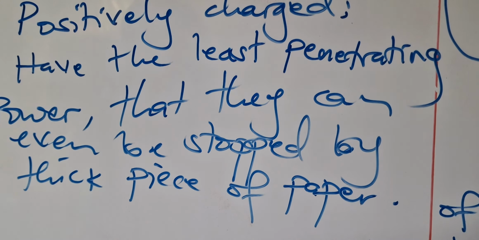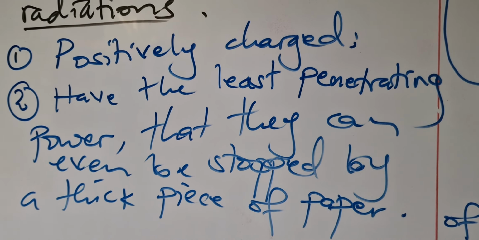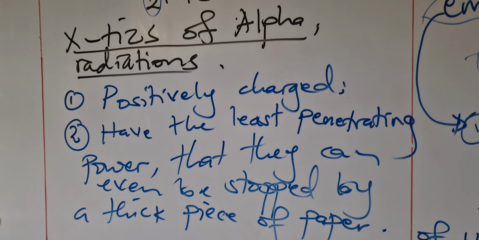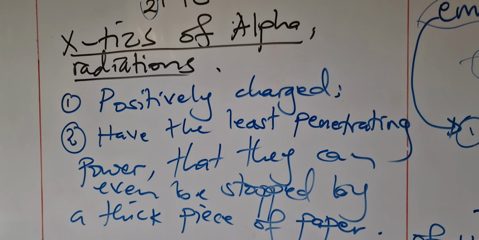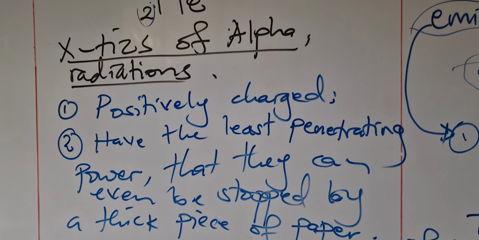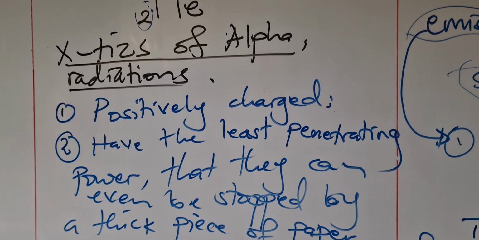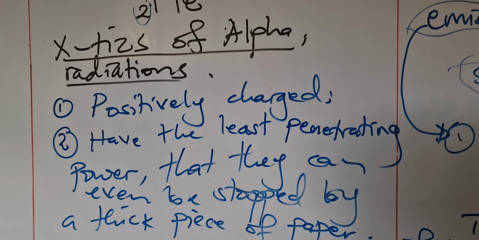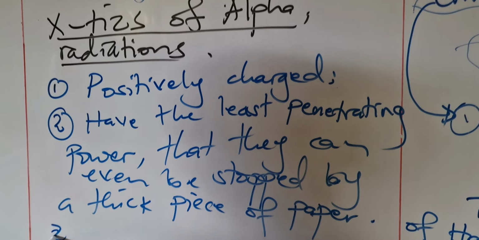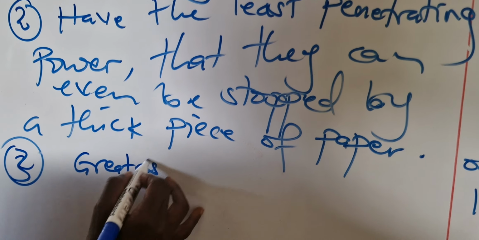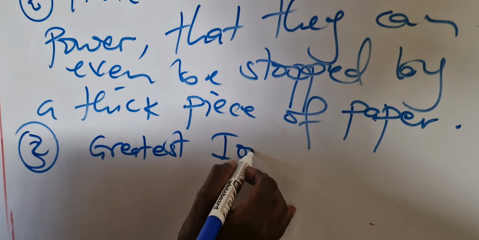Even a thick piece of paper can stop alpha radiation. They have the least amount of penetrating power, but with the greatest ionizing energy.